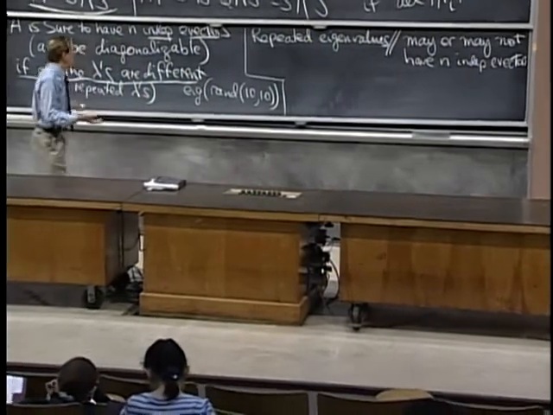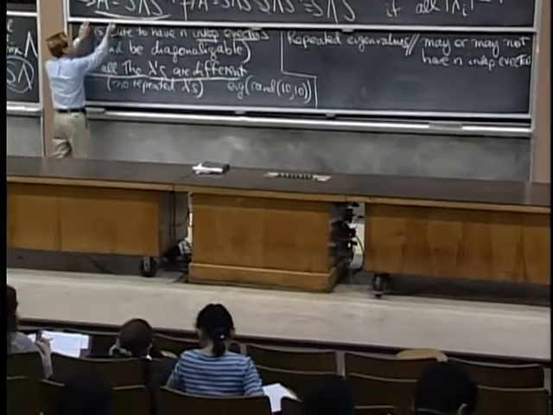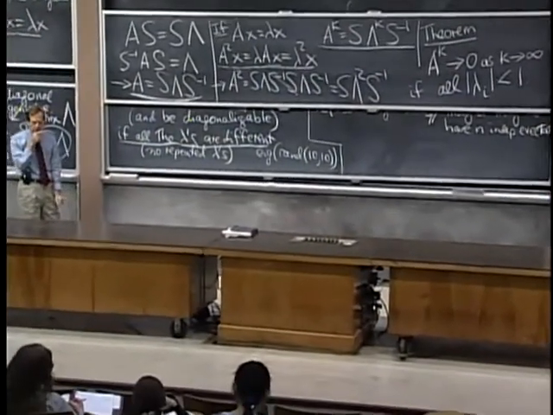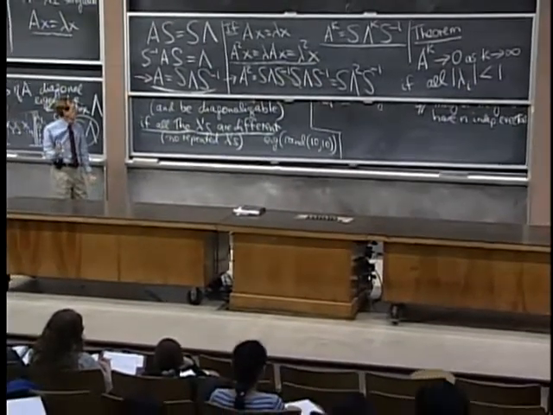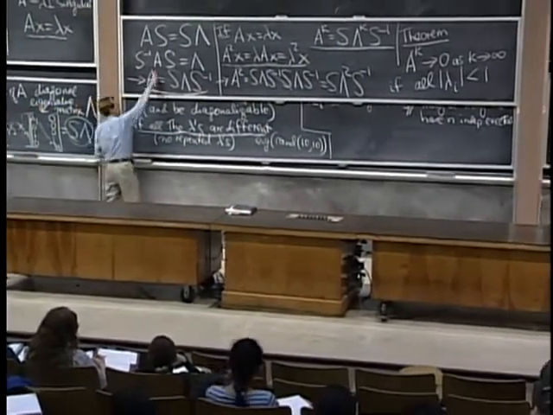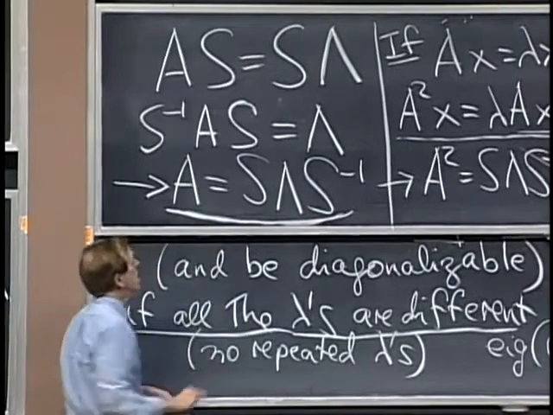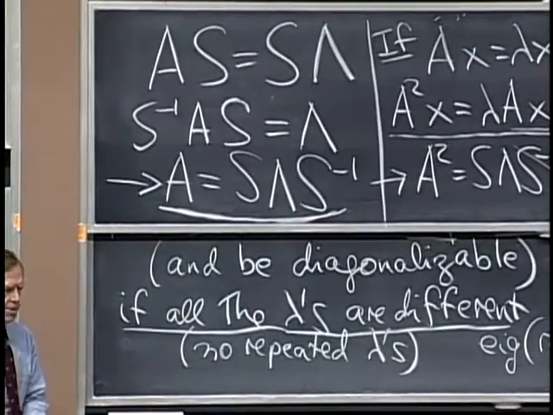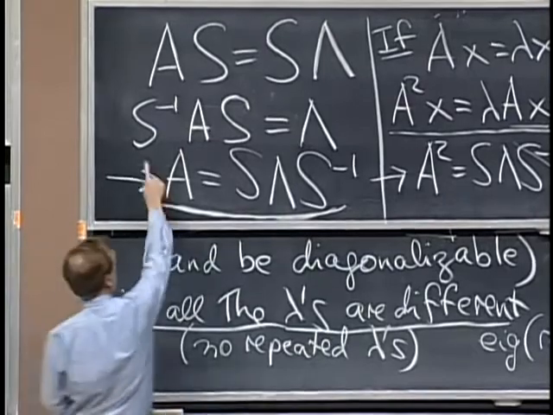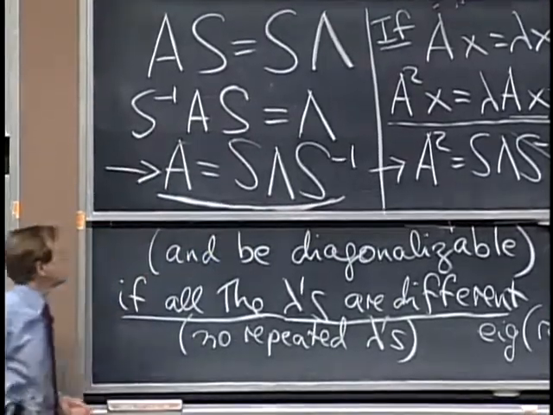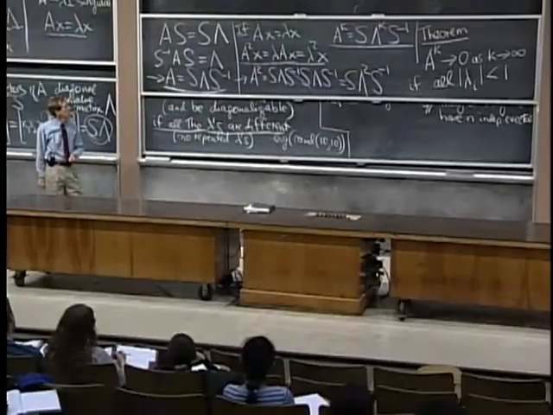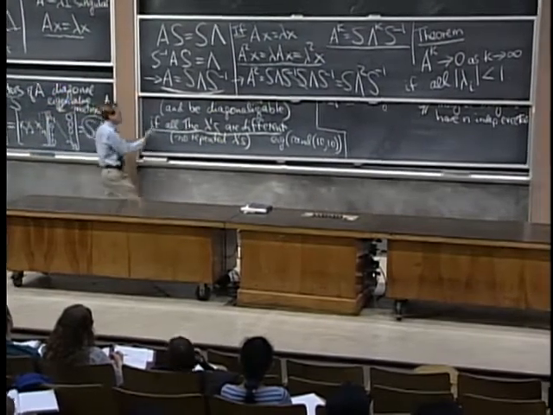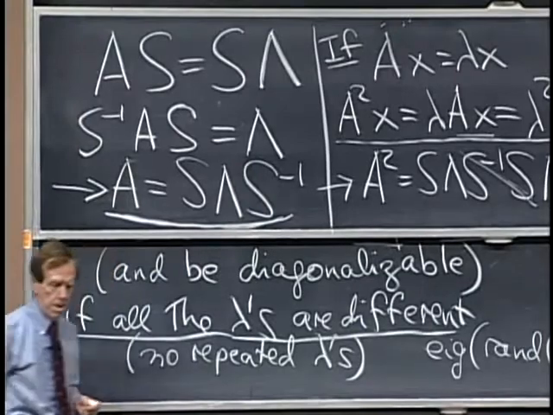If A is the identity matrix, let's think that one through. It's got plenty of eigenvectors. I choose 10 independent vectors. They're the columns of S. And what do I get from S inverse AS? I get I again, right? And of course, that's the correct lambda.